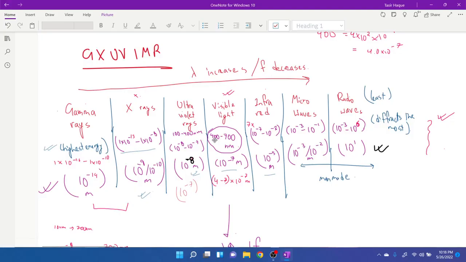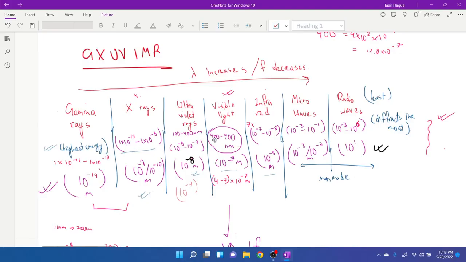It's GX-UV-IMR. That's how I memorize. It's a mnemonic. GX-UV-IMR: gamma rays, X-rays, ultraviolet, visible light, infrared, microwaves, radio waves. This is in the order of increasing wavelength and decreasing frequency. Gamma rays have the highest frequency, basically.